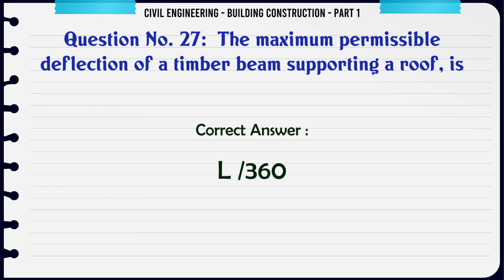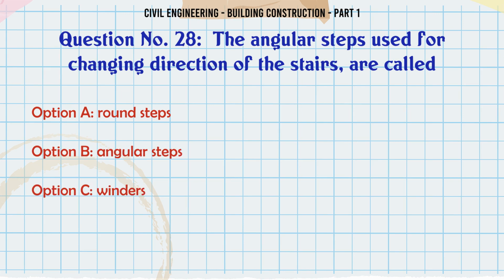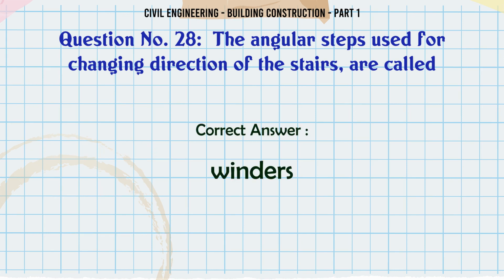The correct answer is L/360. The angular steps used for changing direction of the stairs are called A, round steps, B, angular steps, C, winders, D, radial steps. The correct answer is winders.